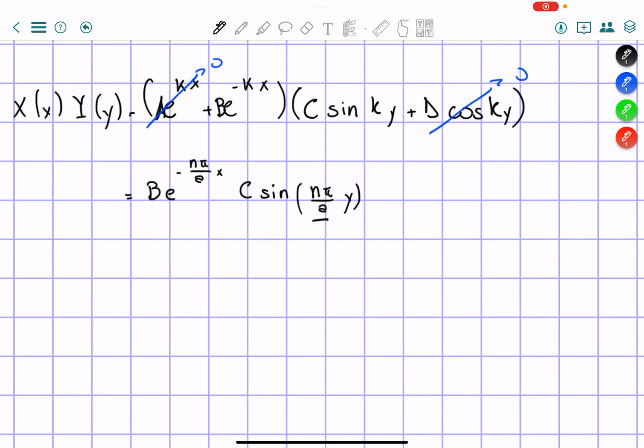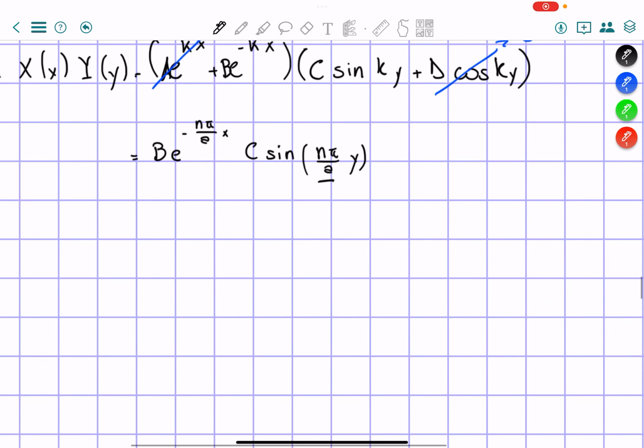Also, it doesn't write k as n pi over a, so another way of writing it would be e to the power of negative kx times c sine of ky. That would be another solution to it. Then, of course, you have to use Fourier series to solve for c in our case, but that's another video.